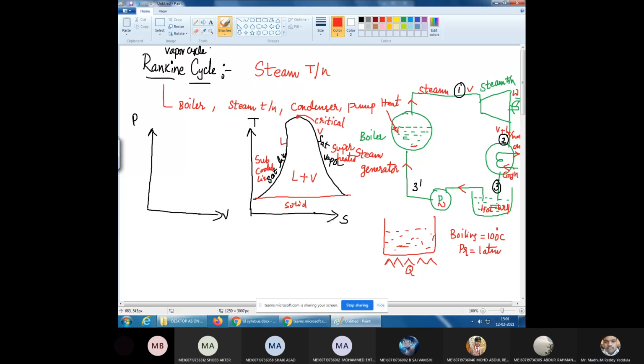When the pressure acting on the water is 1 atmosphere, the boiling temperature is 100 degrees centigrade.